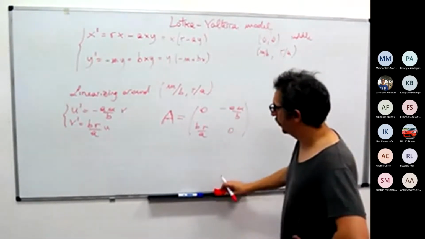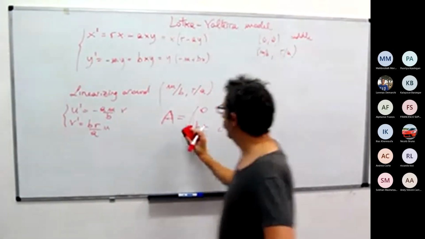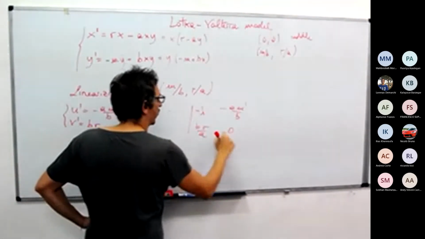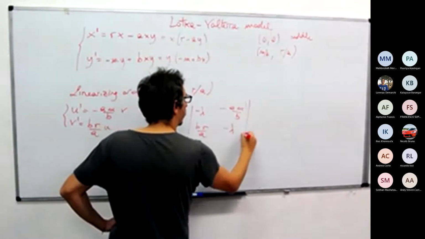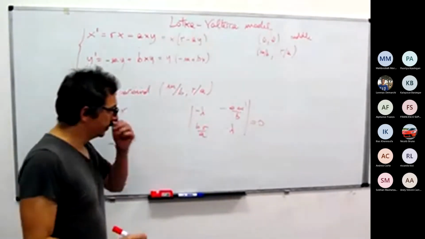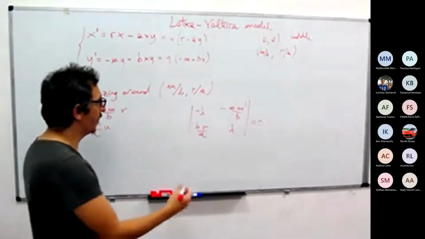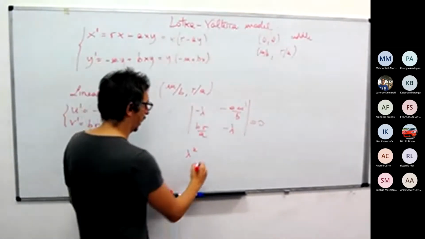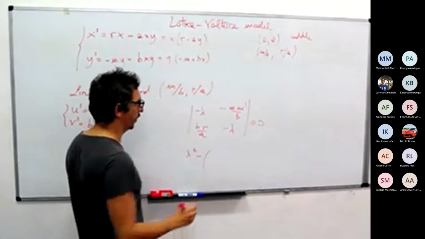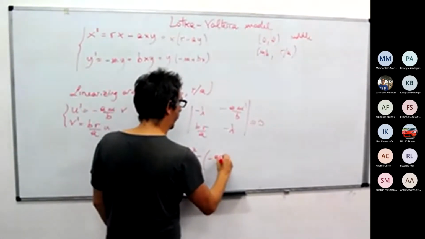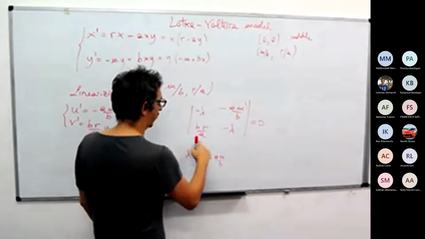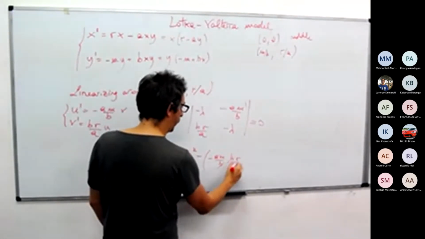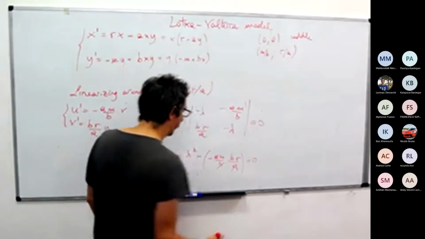So what are the eigenvalues? I can find the eigenvalues solving the eigenvalue equation, which is the determinant of this thing equal to 0. What's the determinant of this matrix? It's lambda squared minus, in parentheses, minus a m over b times b r over a, equal to 0.